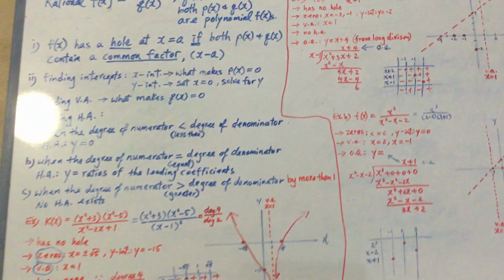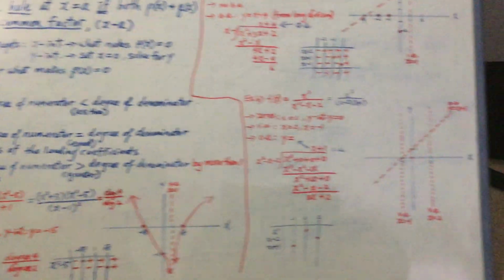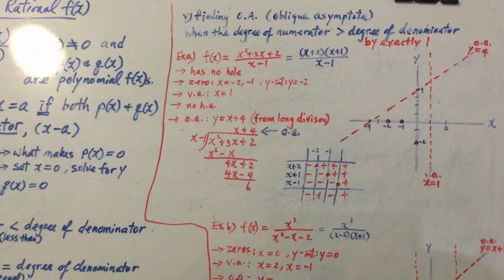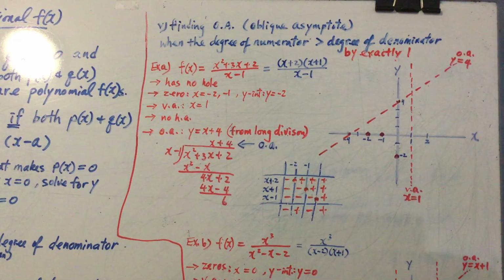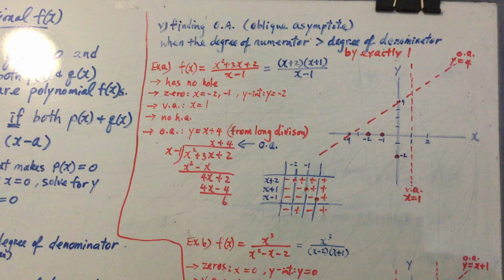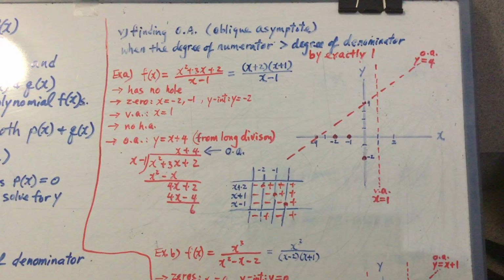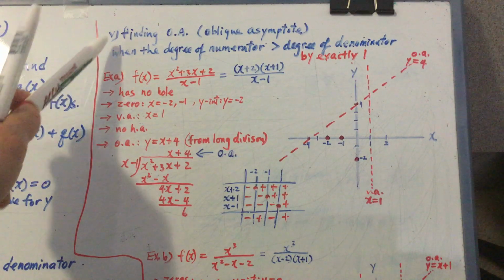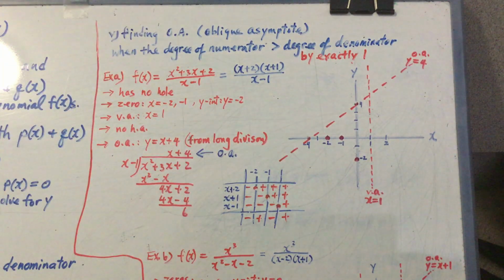Let's look quickly at my last point. I'm done with the horizontal asymptote, but there's one more asymptote we need to pay attention to. This is case number 5, which is finding the oblique asymptotes, OA.